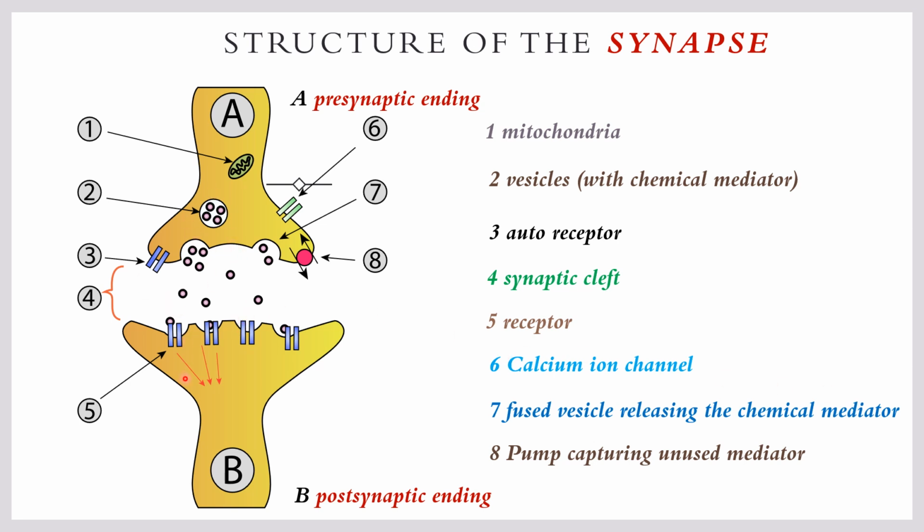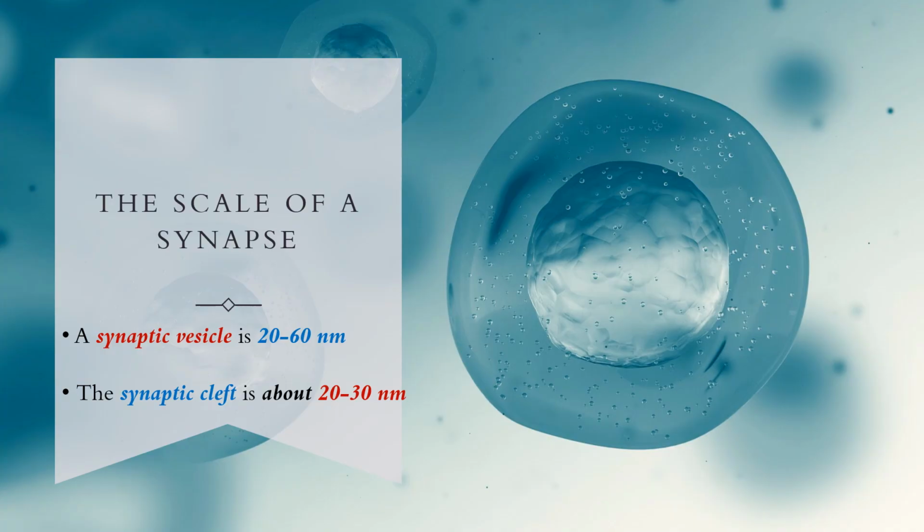So every single element mentioned here is important for synaptic transmission, and they basically form the synapse and make the synapse function. Some facts about the scale of the synapse, just to give an idea of its sizes.